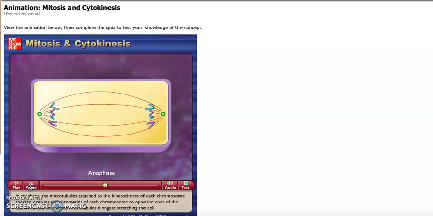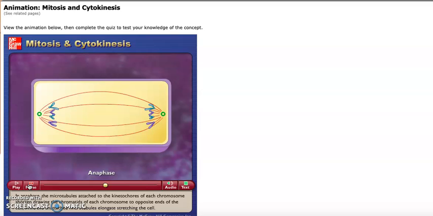So if you can imagine that this is a human cell going through mitosis, which, remember, the purpose of mitosis is to do what? To create exact copies, right? Exact copies of the cells. So you can think of, for example, if you get a cut or some of your cells die, they need to be replaced. They need to make copies of each other to replace the old cells.